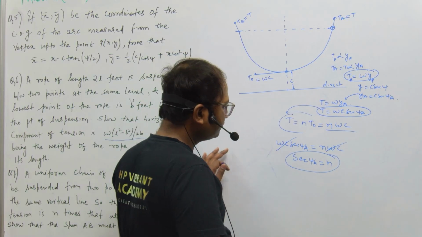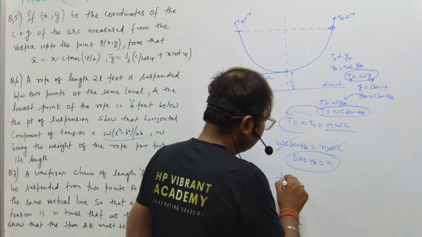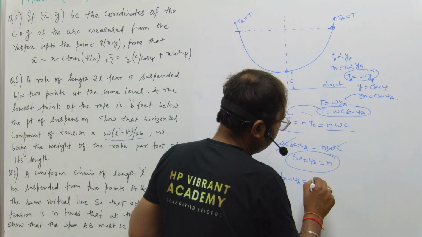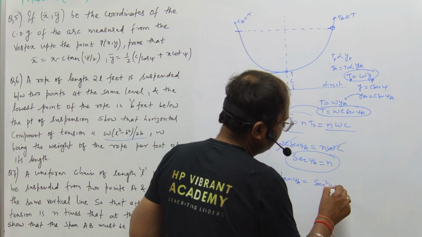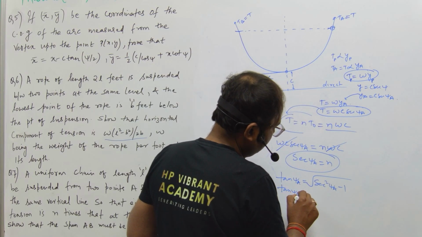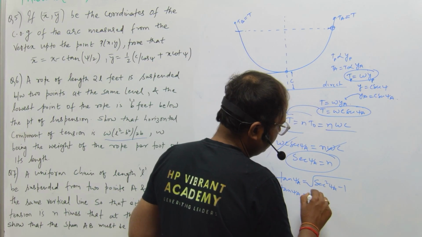And we have tan psi A is equal to the under root of sec square psi A minus 1. So we have tan psi A is equal to under root n square minus 1.